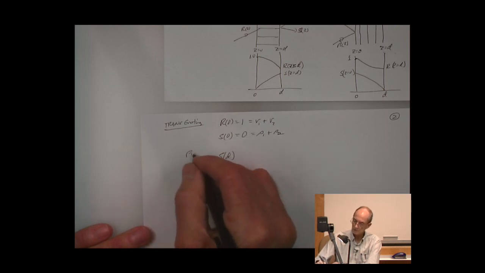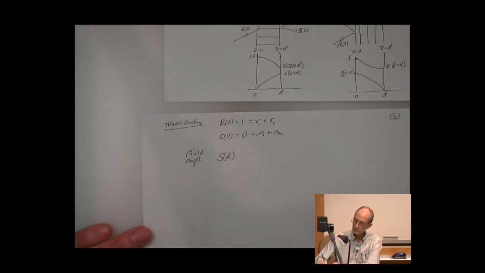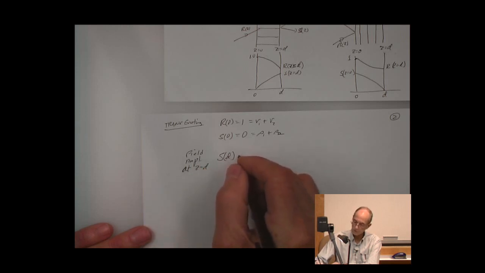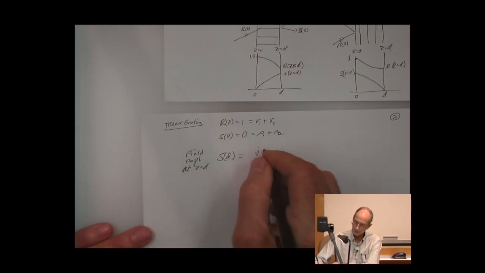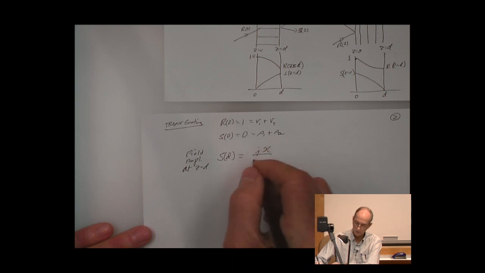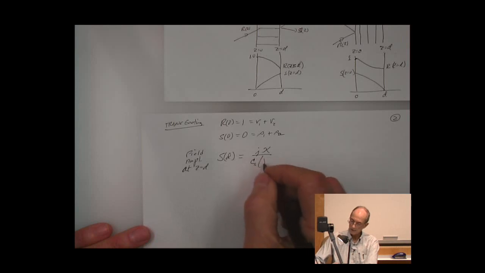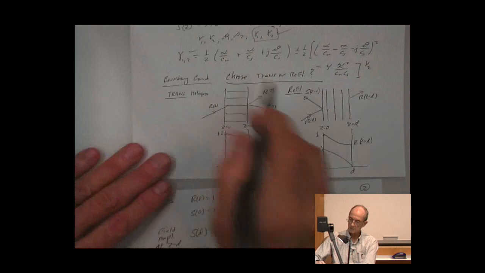So this is our field amplitude at z equals d, and that was equal to j times the coupling coefficient over c sub s. Again, that's the cosine of the diffracted beam angle inside the medium, times gamma 1 minus gamma 2, those big long expressions that we have here.